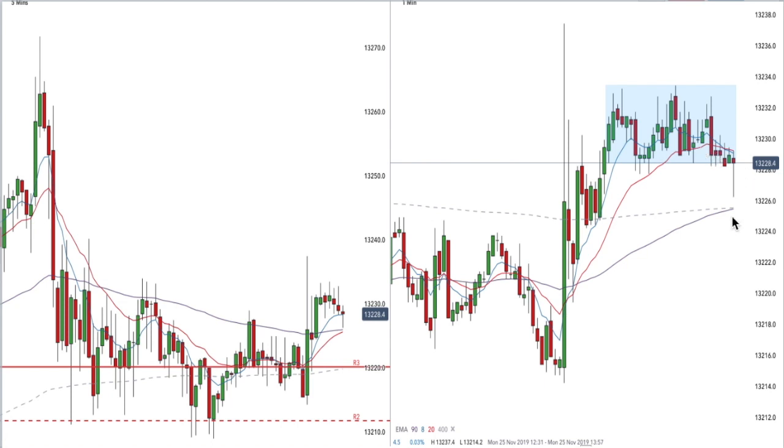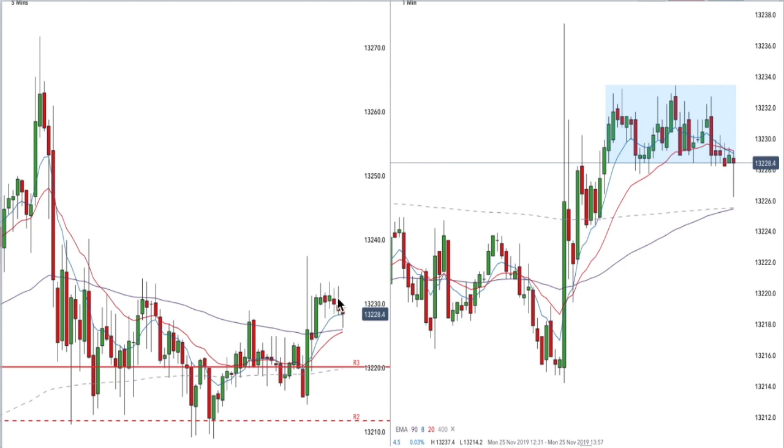These exponential moving averages offer great support and resistance, especially the longer term ones, which have more power in terms of offering, in this case, support, and the chances are the market's going to bounce. It might bounce around a little bit and then go up, but it's going to bounce. You can see on the 5 minute chart here, there are lots of pins at the top.